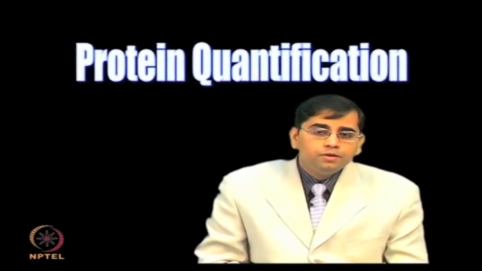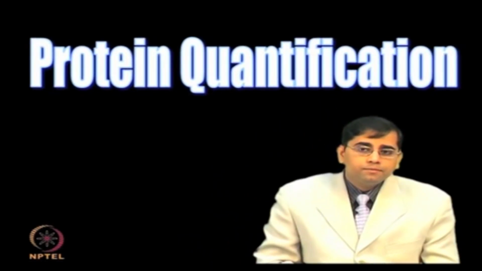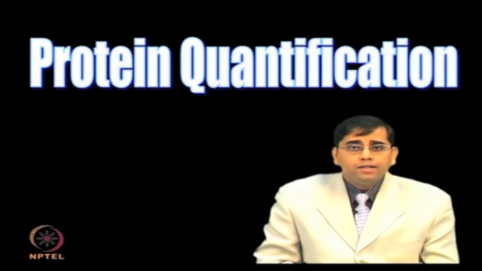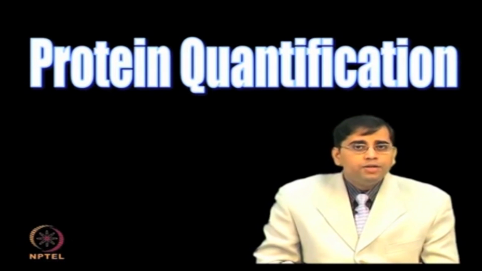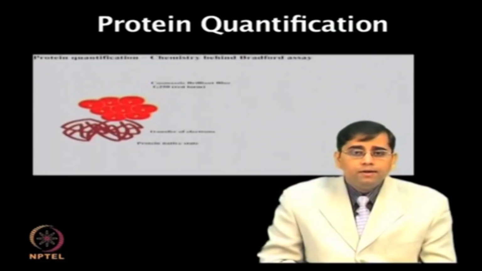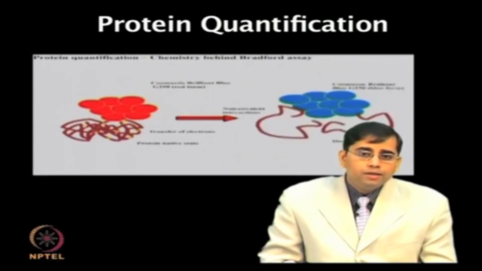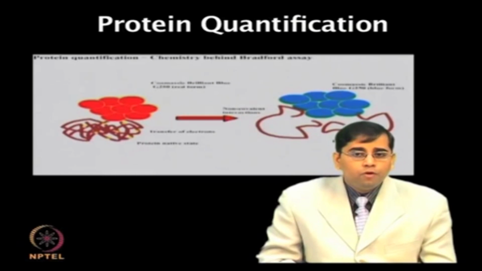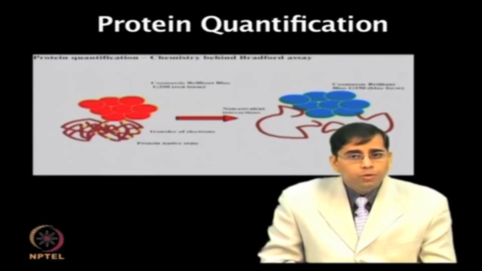Protein quantification is sensitive to detergents or certain ions. Therefore, it is crucial to select the correct quantification method. In Bradford color reagent, transfer of electron converts the dye to its blue form, thereby giving the solution blue color.